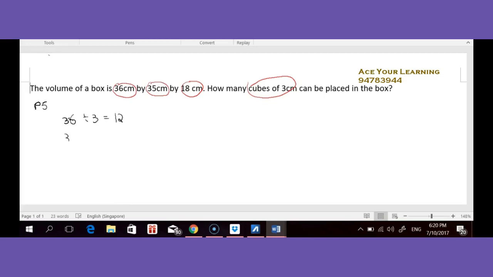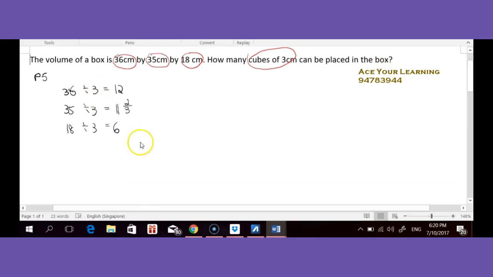The next one is 35 divided by 3, which equals 11 2/3, and you have 11 complete 3 cm. The rest you ignore. The next one is the height. 18 divided by 3 equals 6 complete 3 cm.